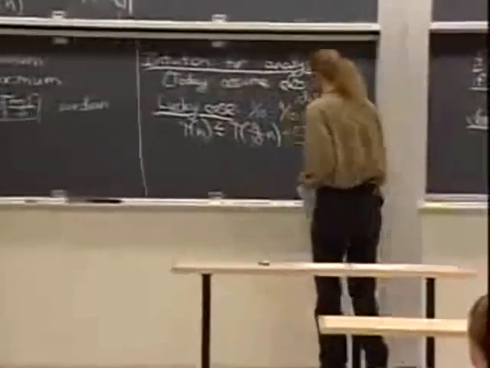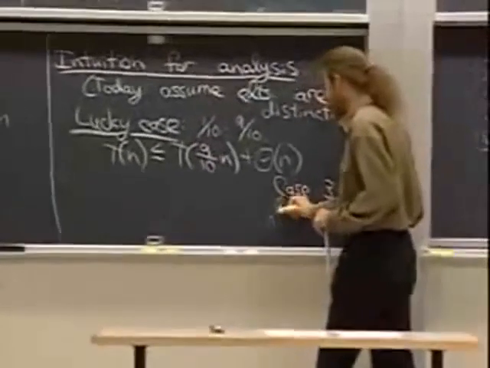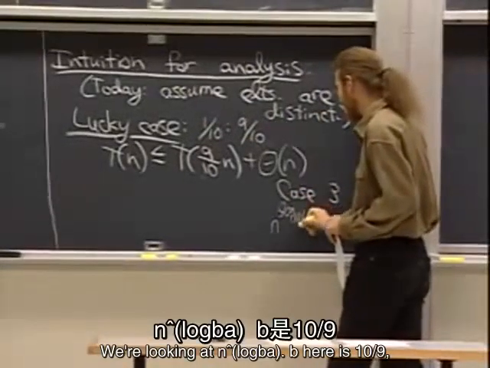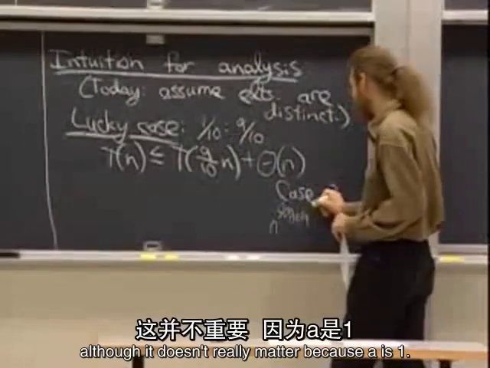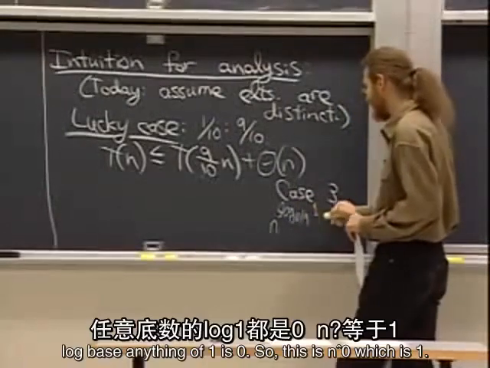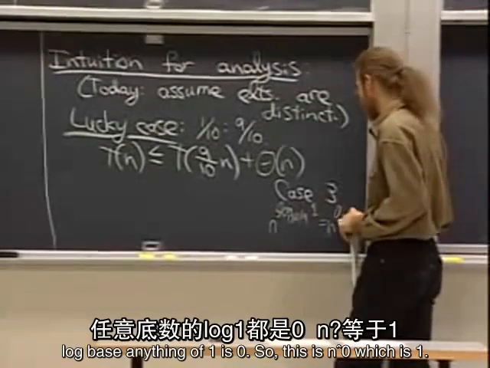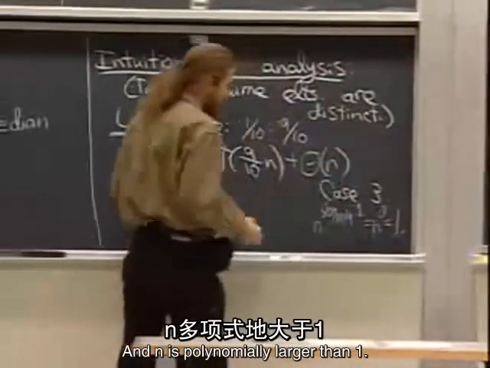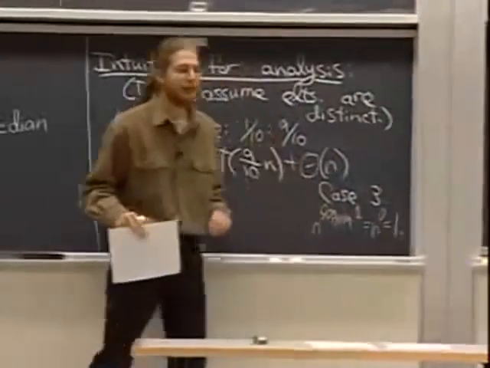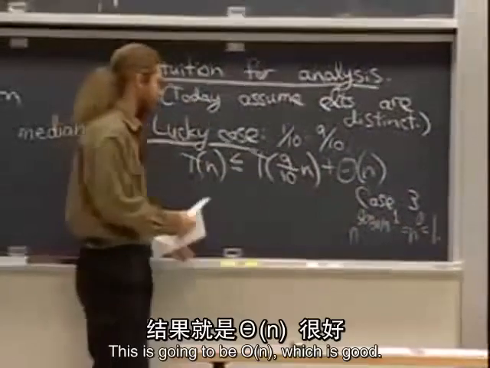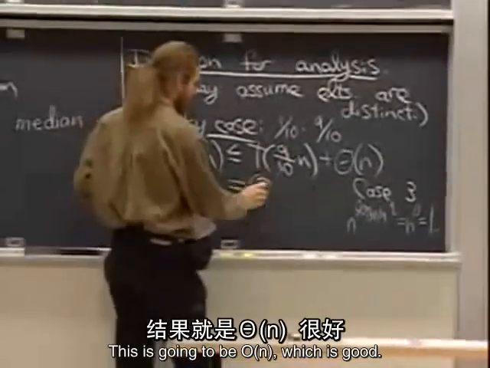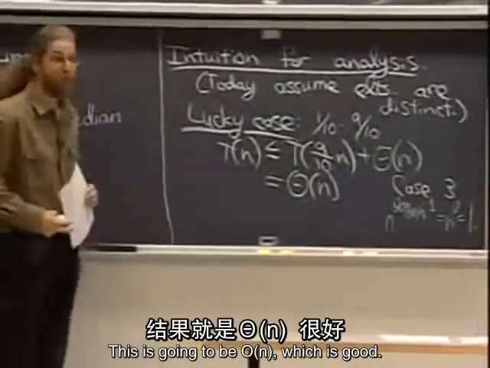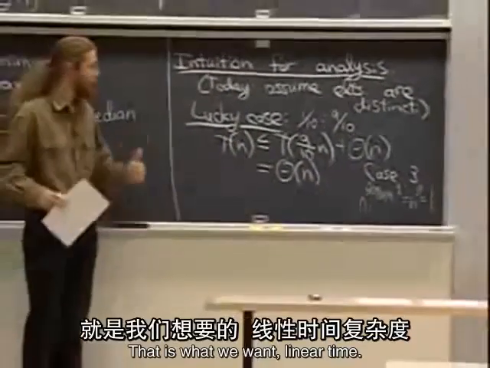We were looking at n to the log base b of a. b here is 10/9, though it doesn't really matter because a is 1. Log base anything of 1 is 0. So this is n to the 0, which is 1. And n is polynomially larger than 1. So this is going to be order n. Which is good. That's what we want, linear time.